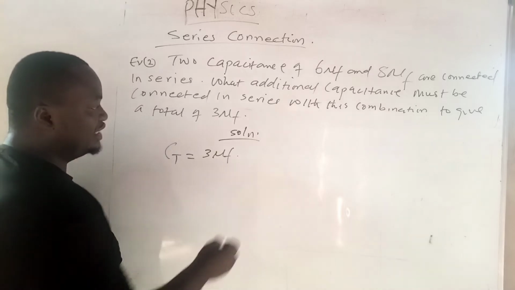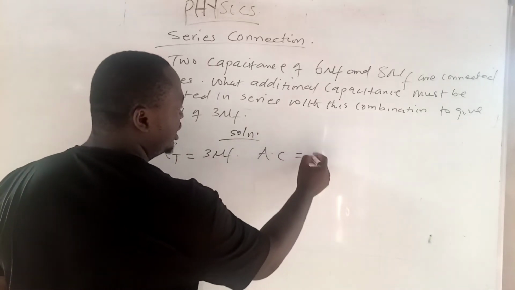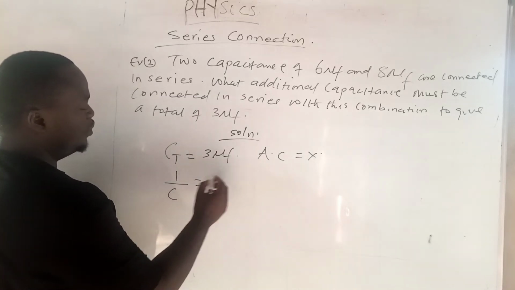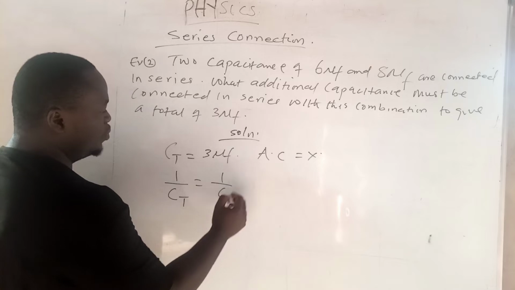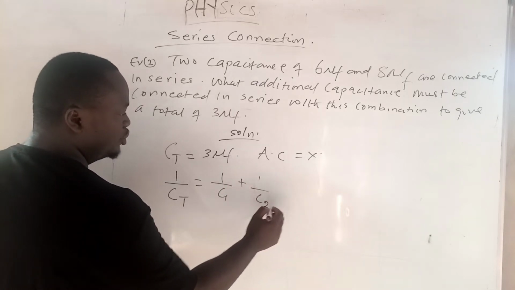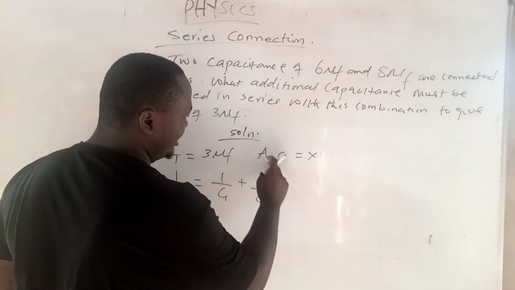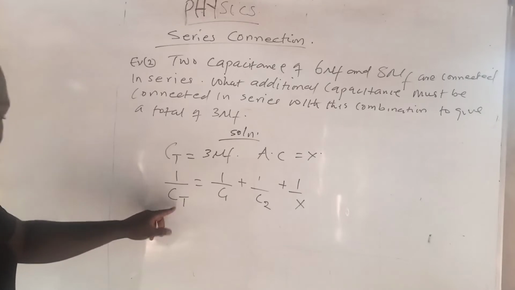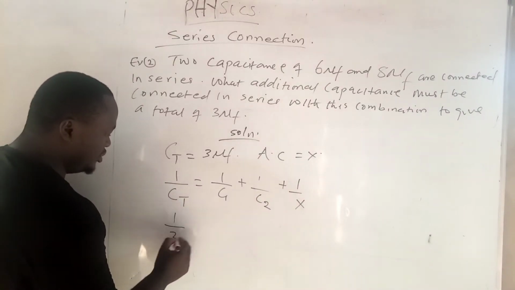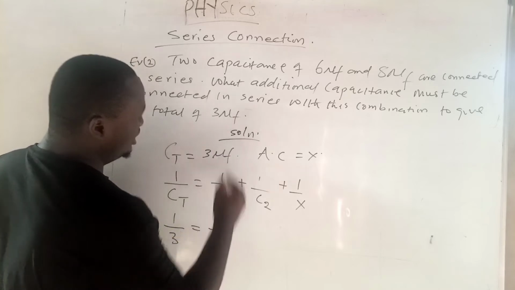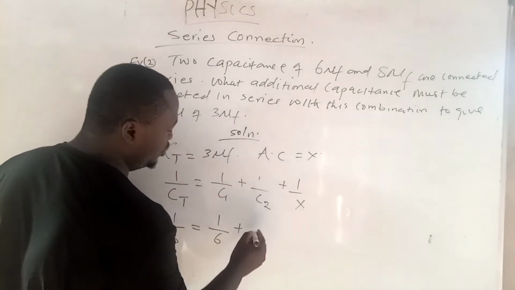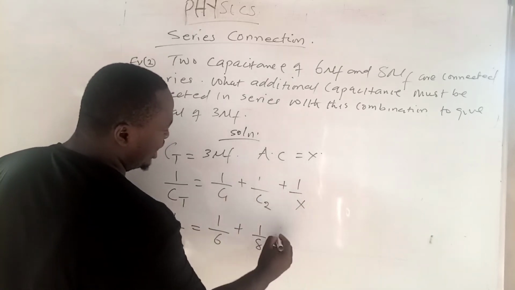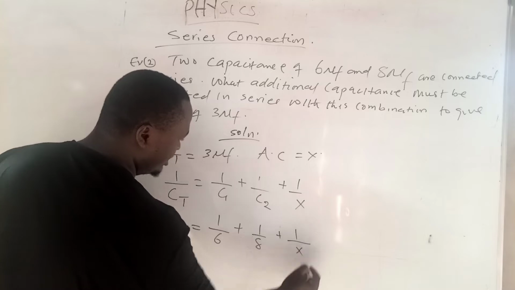Let me call the additional capacitance X. Since there are 2, 1 all over CT should be 1 all over C1 plus 1 all over C2, and the additional capacitance is 1 all over X. So the total is 1 all over 3, equals 1 all over 6, plus 1 all over 8, plus the additional one, which we don't know, so let me name it X.